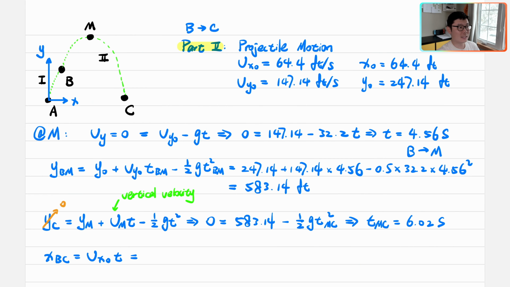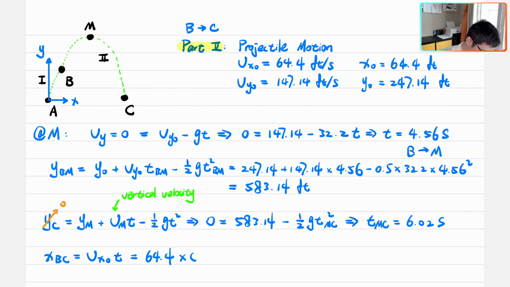A constant velocity times time gives you the displacement. 64.4 comes from here, multiplied by the time.